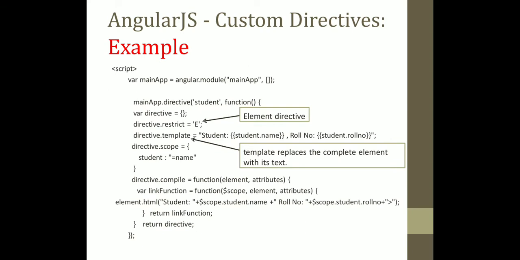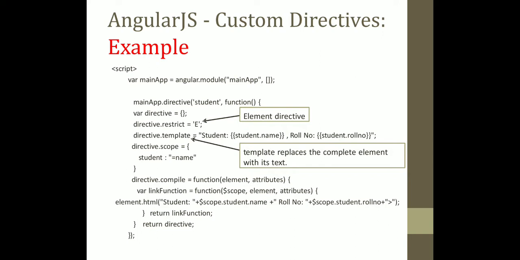Then in the main script we can see we have created the mainApp variable. We have defined the custom directive for that mainApp. Using the Angular module we have created the module here. So mainApp we have created and passed an empty array to it.